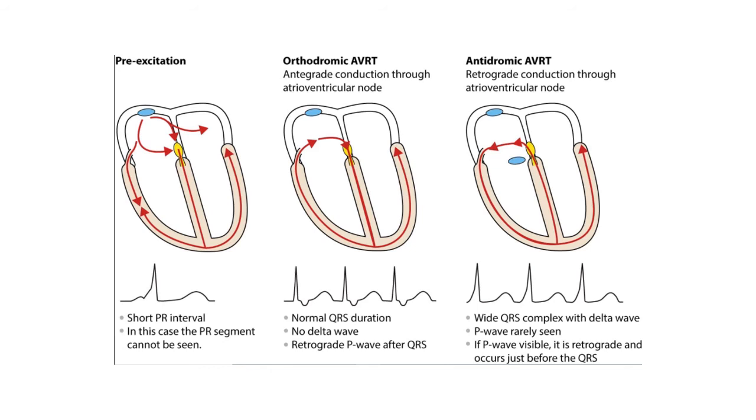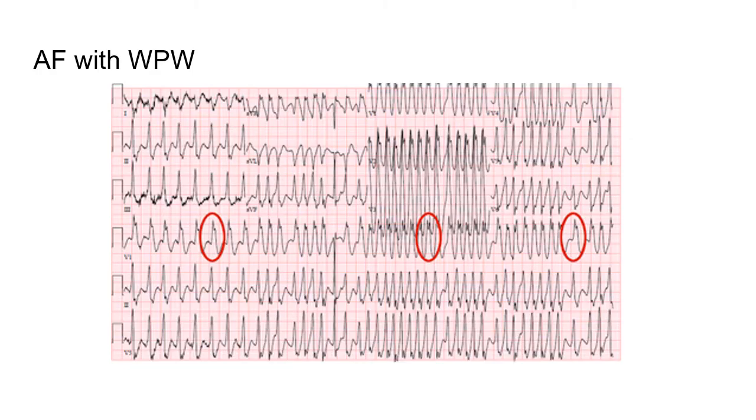You may see a retrograde P wave. With antidromic, you're going to have a wide QRS complex. Usually you'll see that delta wave still. You rarely ever see the P wave. So that'll be the antidromic pathway. So this is kind of for Wolff-Parkinson-White, right?